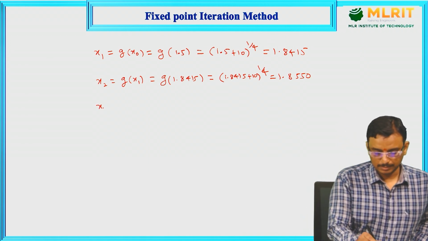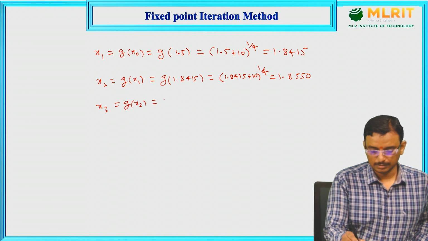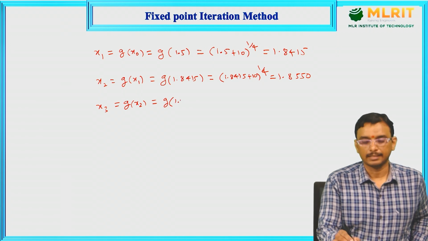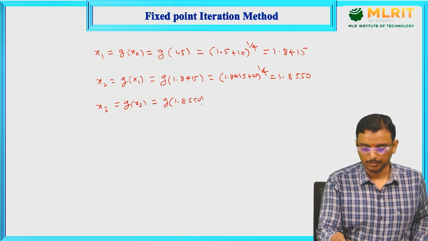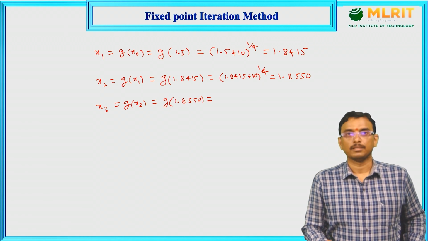Next approximation root, x3 is equal to g of x2. What is x2? 1.8550. So substitute this 1.8550 in the function g of x.